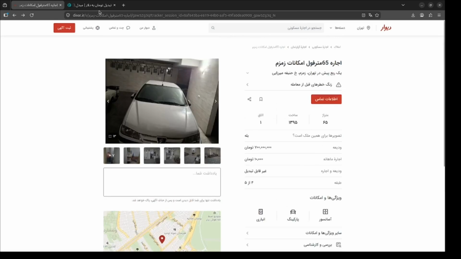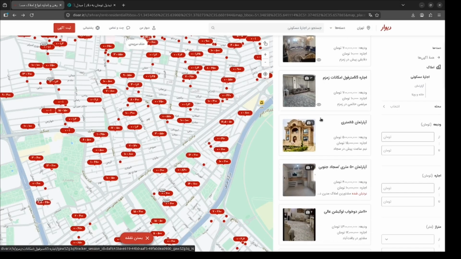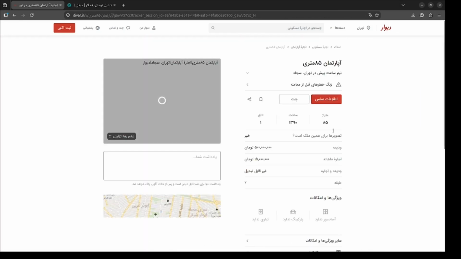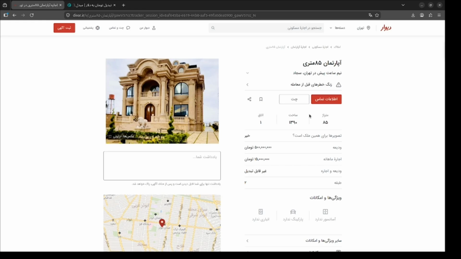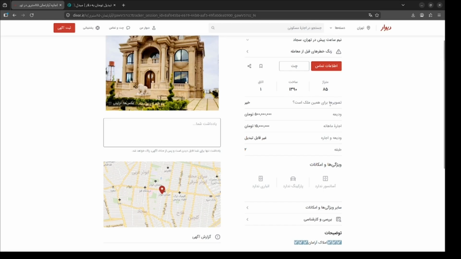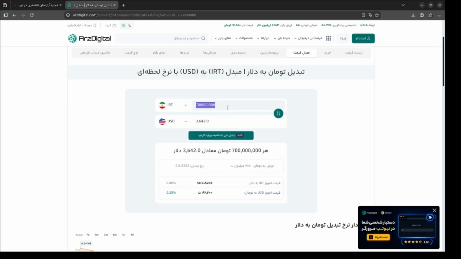So let's go to another house and check one more in this area. The picture is not the actual picture, it's a fake picture. Okay, it has one bedroom again, but this one actually wants a monthly payment. Let's calculate this one too.